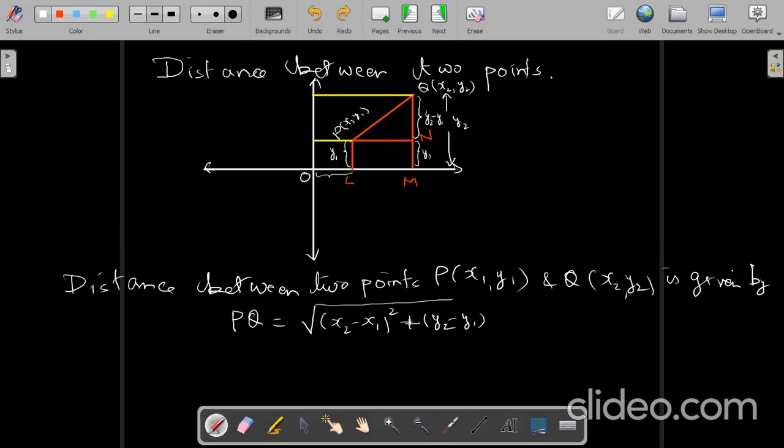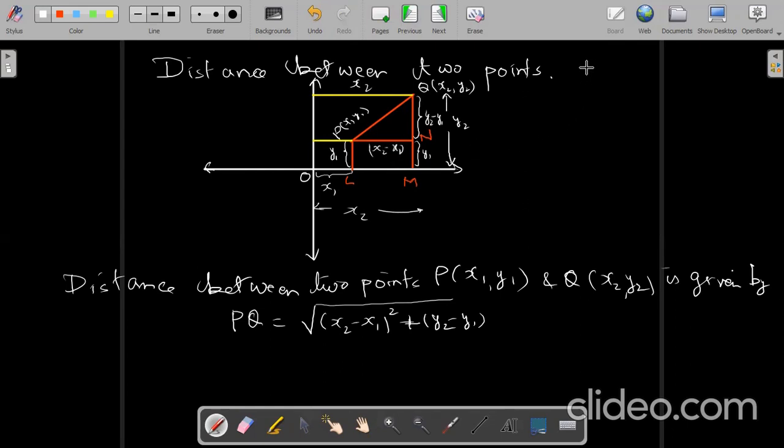This OL distance is x1 and this whole distance is x2. So this distance will be x2 minus x1.